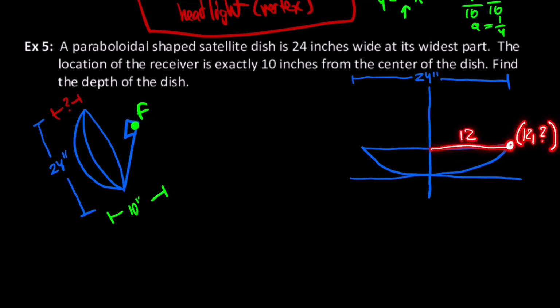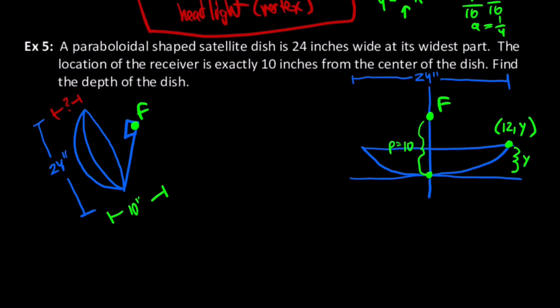The focus is 10 inches. So I know this distance here is 10. And the distance from the vertex to the focus is what we call p. So p equals 10. This coordinate here, I know the x coordinate is going to be 12. I do not know the y coordinate. I'll just call it y. Now y is actually what I want for my final answer. It's going to be the depth of that dish.